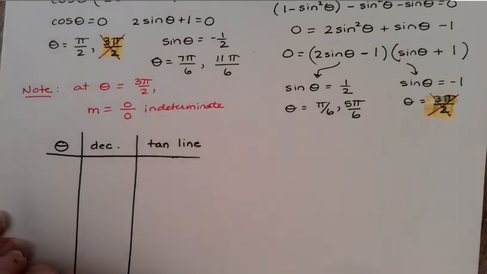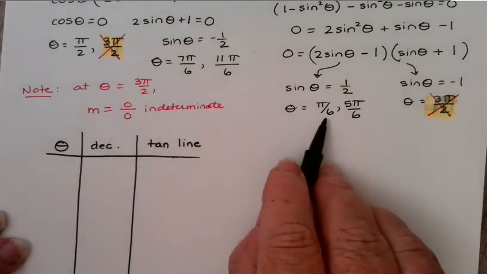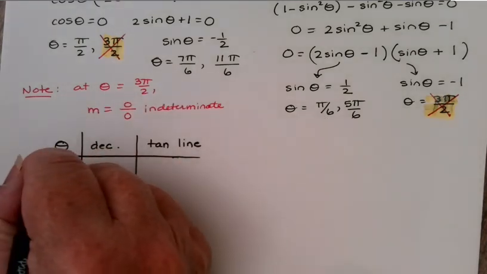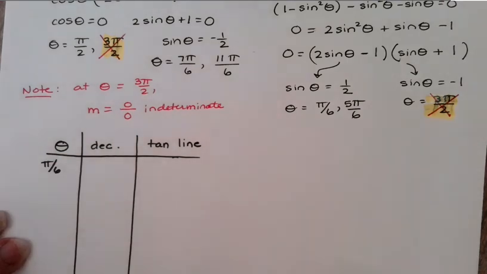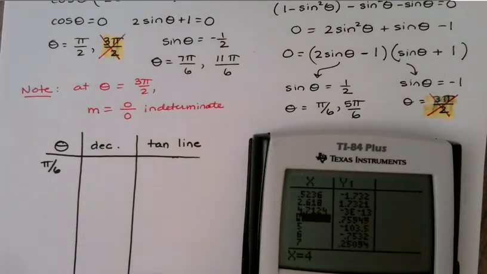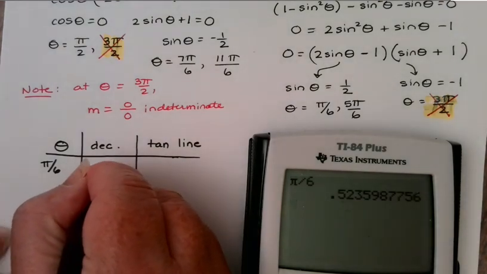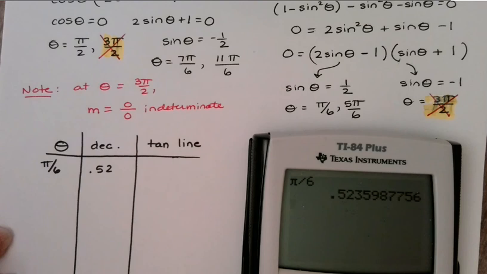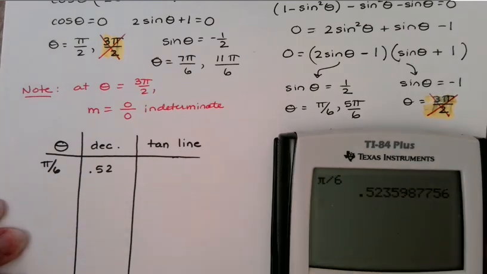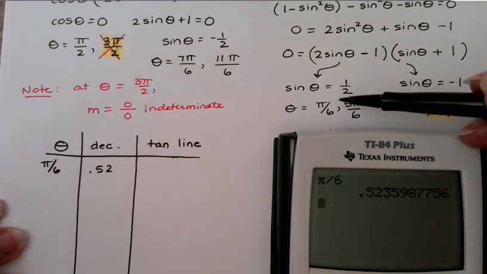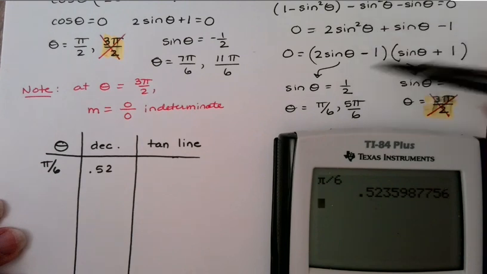Going from smallest to largest, the smallest is pi over 6. Decimal value is about 0.52. And at pi over 6, that was in my vertical tangent solution.